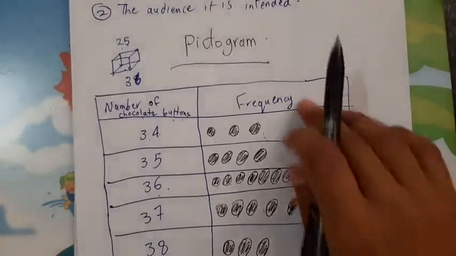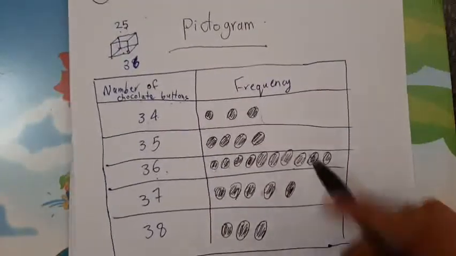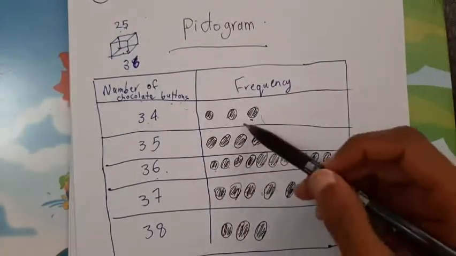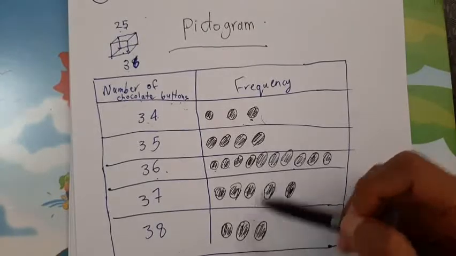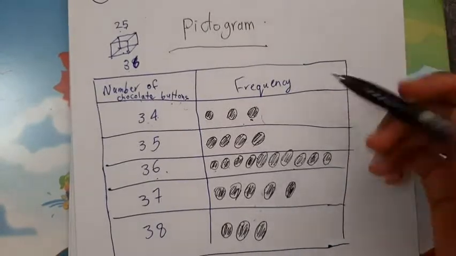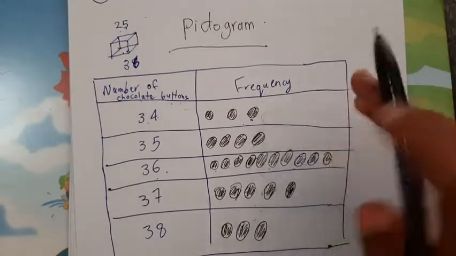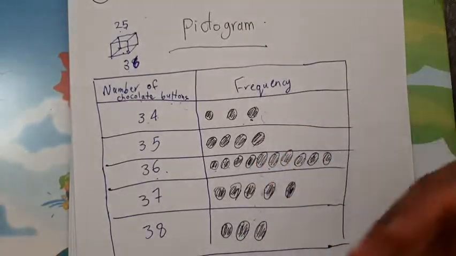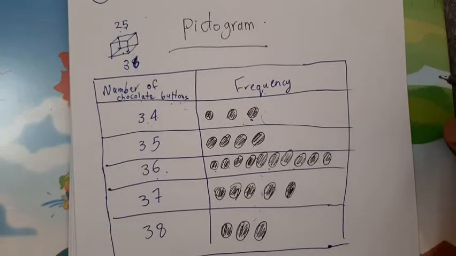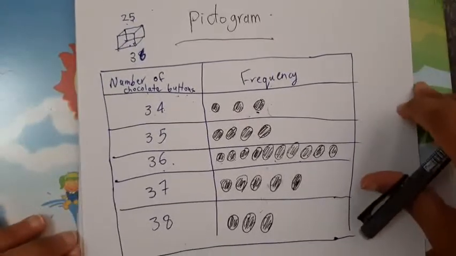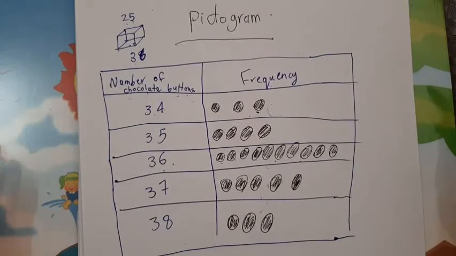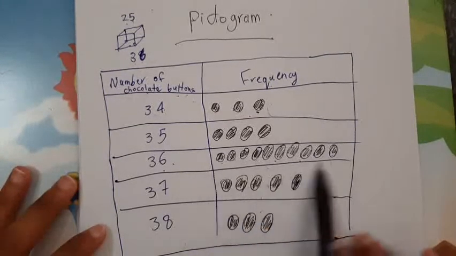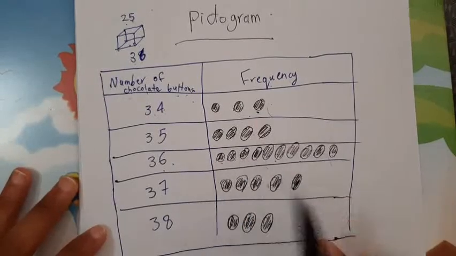So this is the pictogram. Instead of using numbers, we used circles to represent the number of packets. The frequency means the numbers, right? So now you can easily say how many packets had 36 chocolate buttons inside them. You just say 10 because we have 10 circles here.